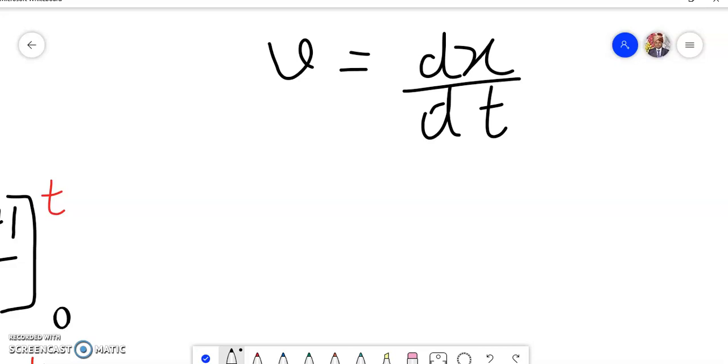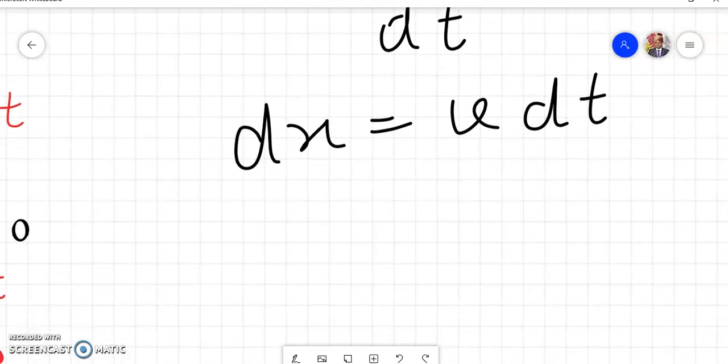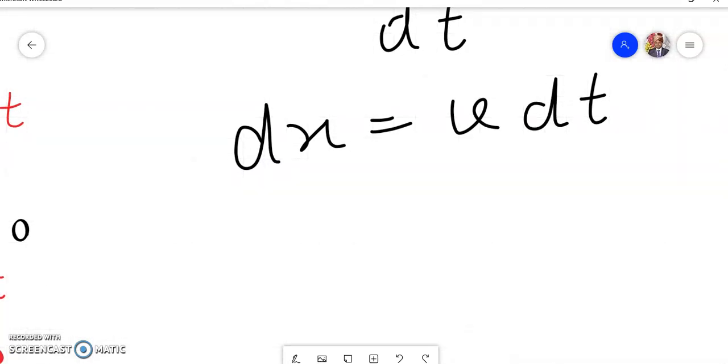Clear? So we can also write that dx is equal to v dt, and we just simply integrate this within the limit, and we will get the required result.